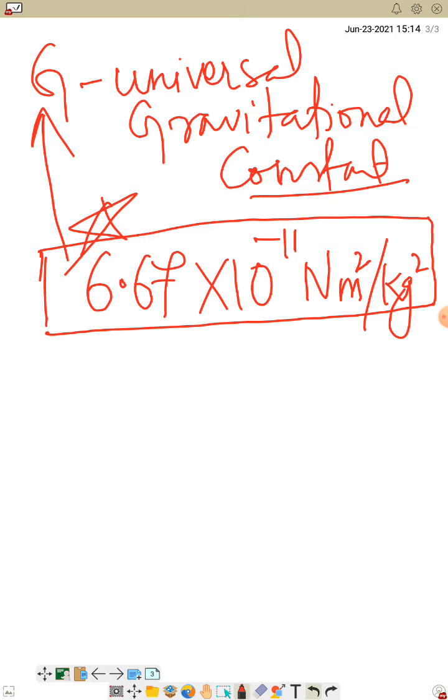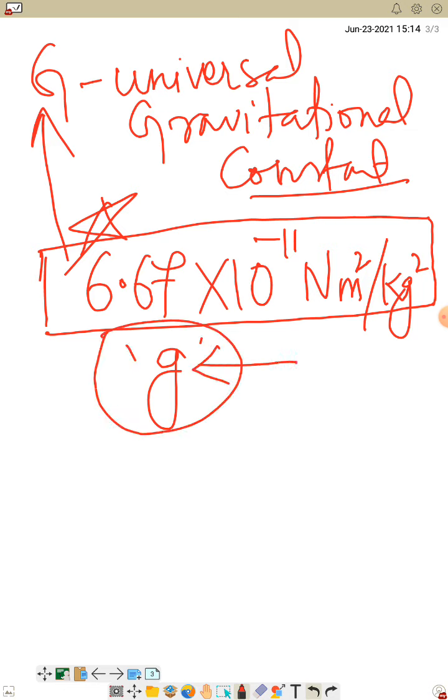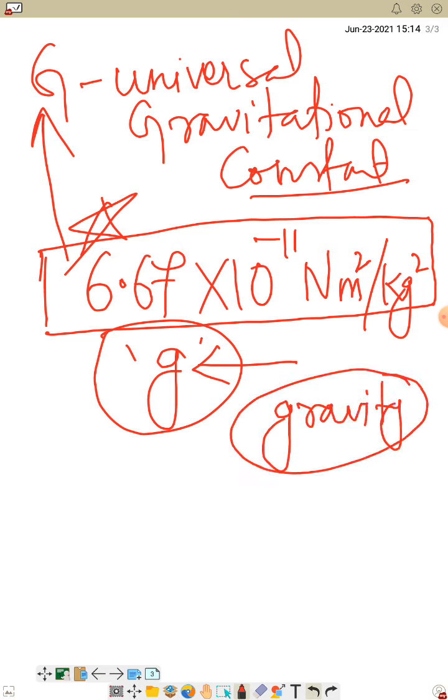All right. Now the next thing that we are supposed to discuss here is acceleration due to gravity, that is g. We have used this g several times, isn't it? This g means acceleration due to gravity. Now what is gravity? Gravity is the force by which earth pulls an object, isn't it? So here earth is one body, and whatever it is pulling is the second body. So the force experienced between these two bodies is called gravitation, isn't it?